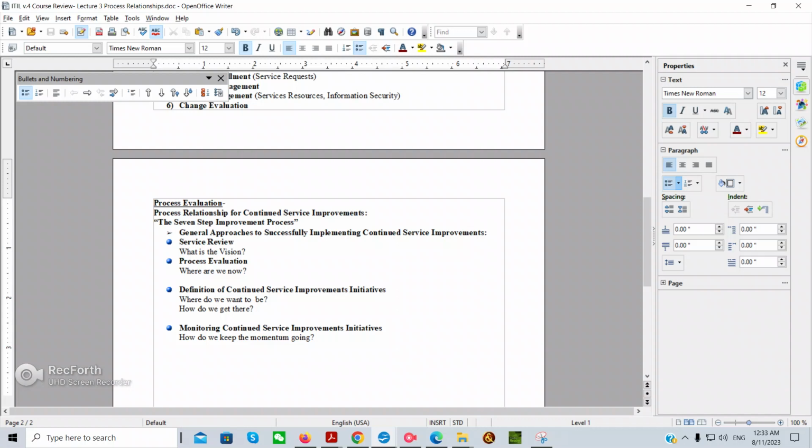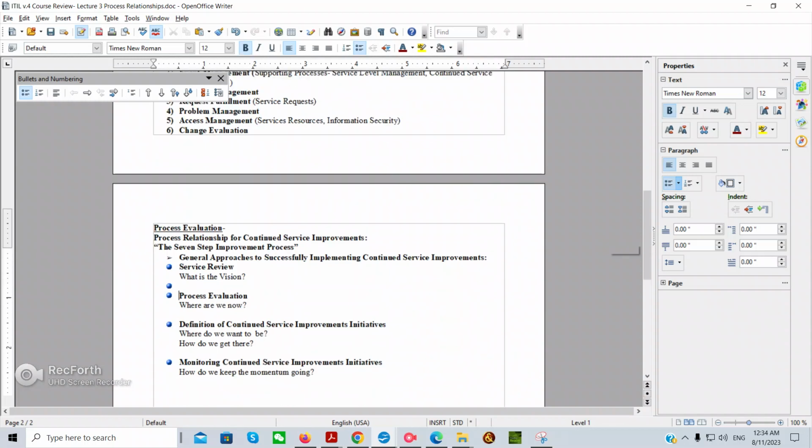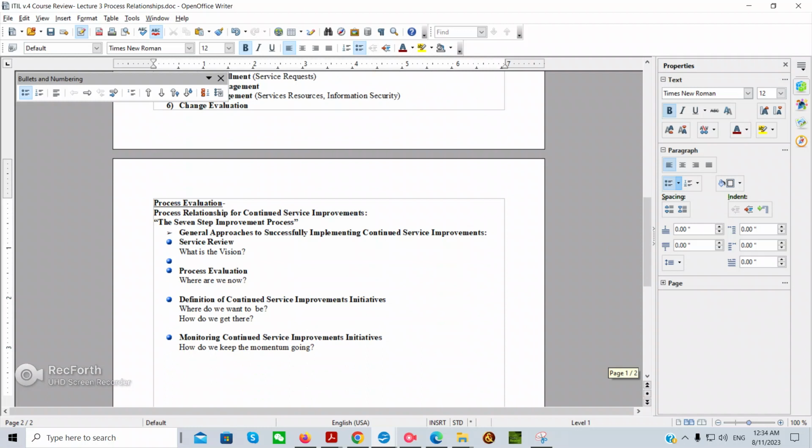A lot of this stuff is quite self-explanatory if you think about it, but for people who haven't studied it at all, it's something fresh you need to think about. I want to have one space in between each.